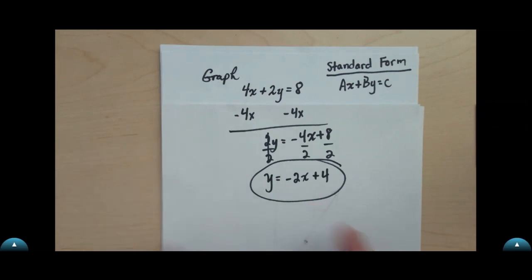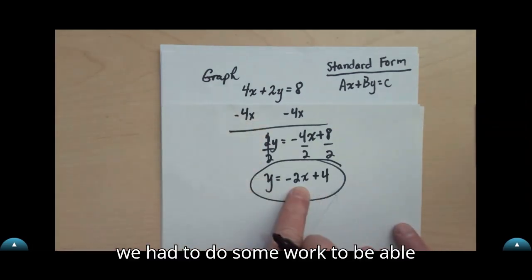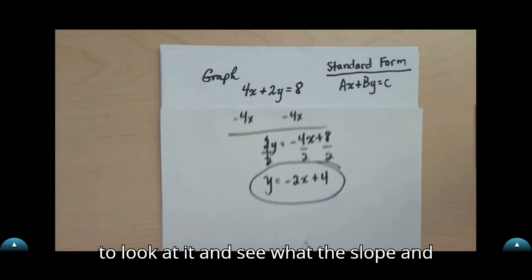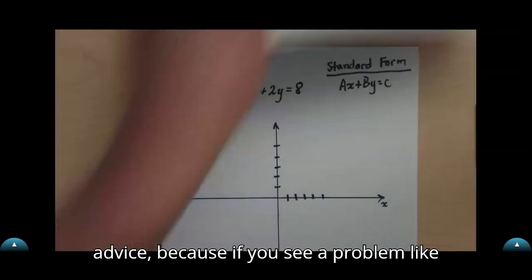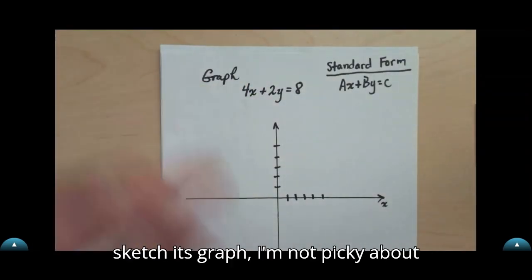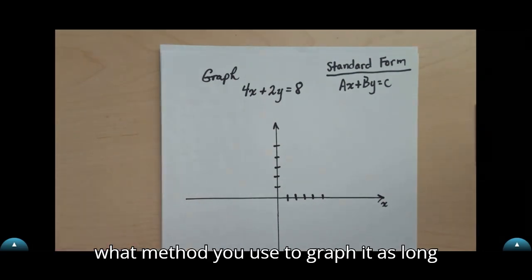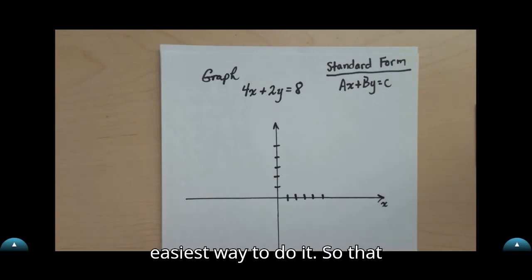However, we had to do some work to be able to look at it and see what the slope and the y-intercept is. This is my advice, because if you see a problem like this on the test and you're asked to sketch its graph, I'm not picky about what method you use to graph it, as long as your graph is correct. But here's the easiest way to do it.